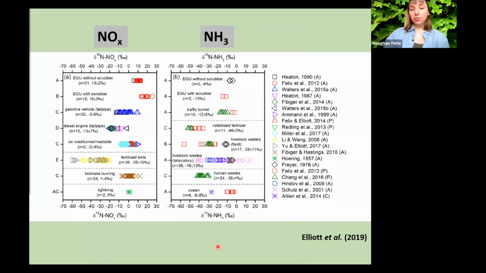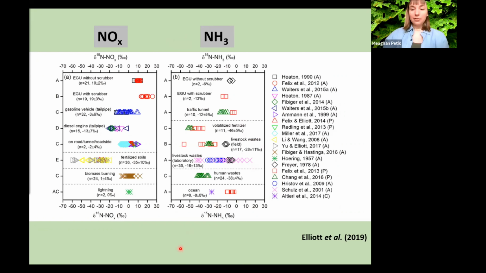So isotopes of reactive nitrogen species can aid in understanding emission sources and chemical transformations that contribute to reactive nitrogen deposition. And this figure is from a recent review by Elliott et al. 2019, and it's showing values of delta 15N for NOx species on the left and the delta 15N for ammonia species on the right by different emission sources.